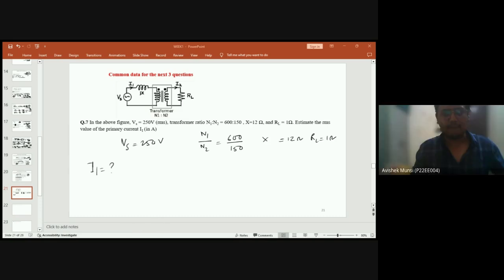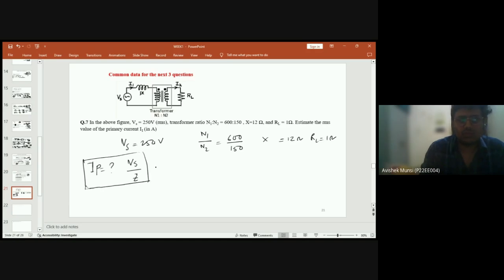Some of you have answered it correctly. So here we have to calculate the primary current, that is I, right? So for which, what will be the primary current then? That is our supply voltage by the total impedance.